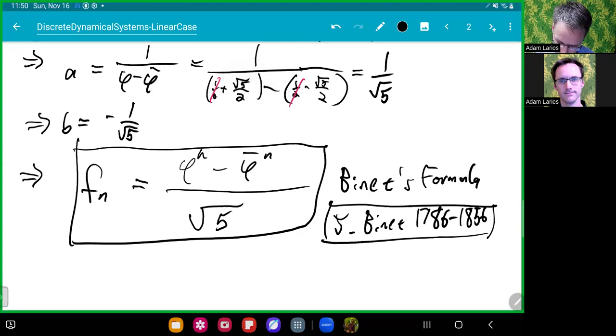So this is a closed form. Now, if you want the millionth Fibonacci number, before our only choice was really just to keep computing out 1,000,000 times and doing this sum of the previous two terms. But here, with this closed form, we can just plug in 1,000,000. We get phi to the 1,000,000 minus phi bar to the 1,000,000 divided by square root of 5. That's it.